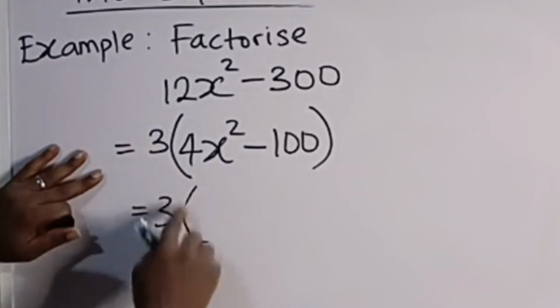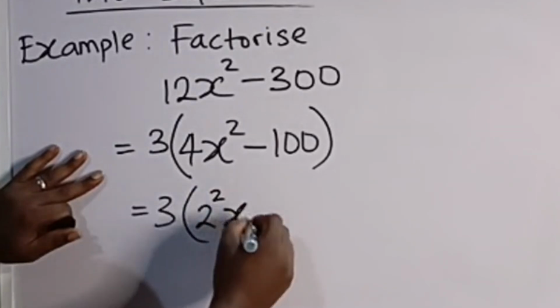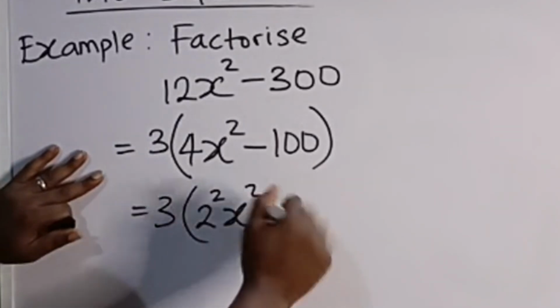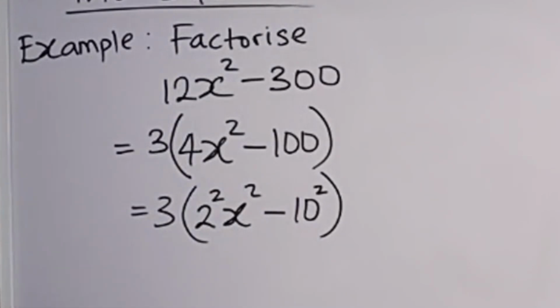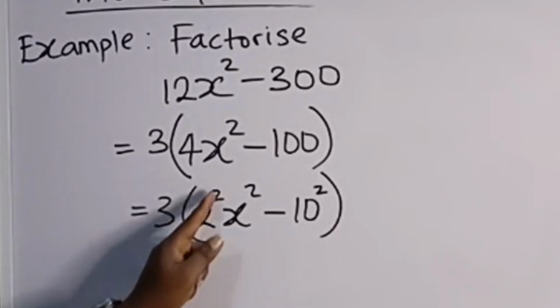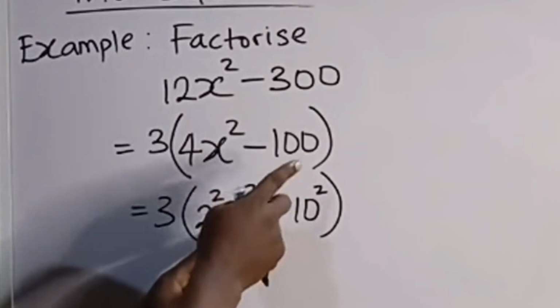So we can now have 3 parentheses. 4 is the same thing as 2 squared. So we have 2 squared, x squared, minus 100 is the same thing as 10 squared. So we are now generating squared values. But in indices, if you have 2 squared and x squared, you can bring the two bases inside and bring the exponent outside.